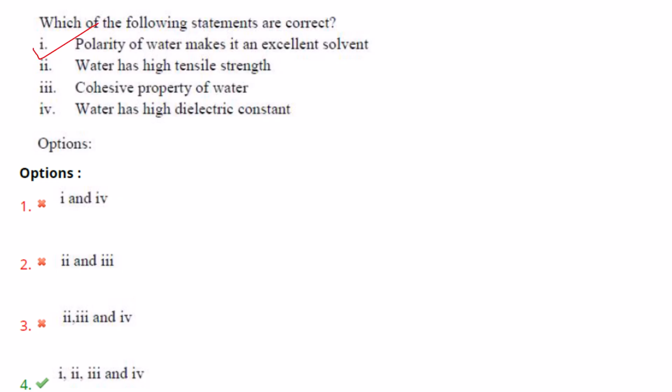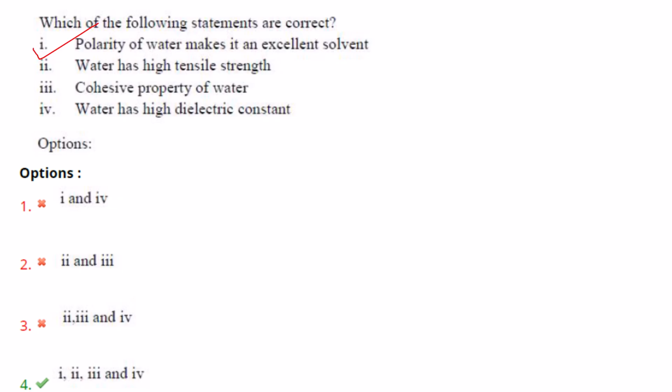That is correct. Water has a high tensile strength. Water molecules are attached to one another because of the cohesive force, that is, the force of attraction between the same molecules. So H2O, H2O, H2O, they are attracted to each other.